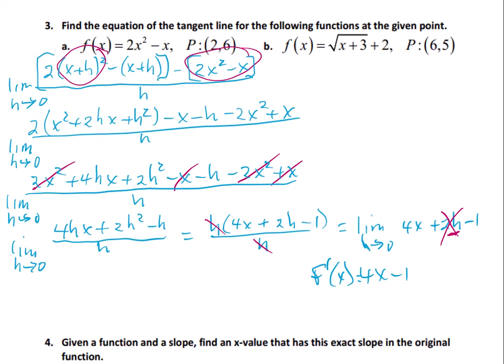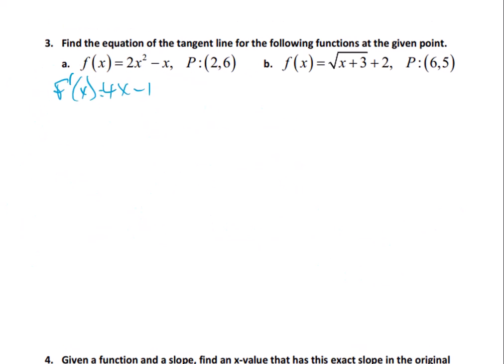Now I can say, well, okay, what's the equation of the tangent line? And I've got to go back to some Algebra 1 techniques. Let me erase some of this stuff so we got a little more room. Okay, all I left here was what f prime is.